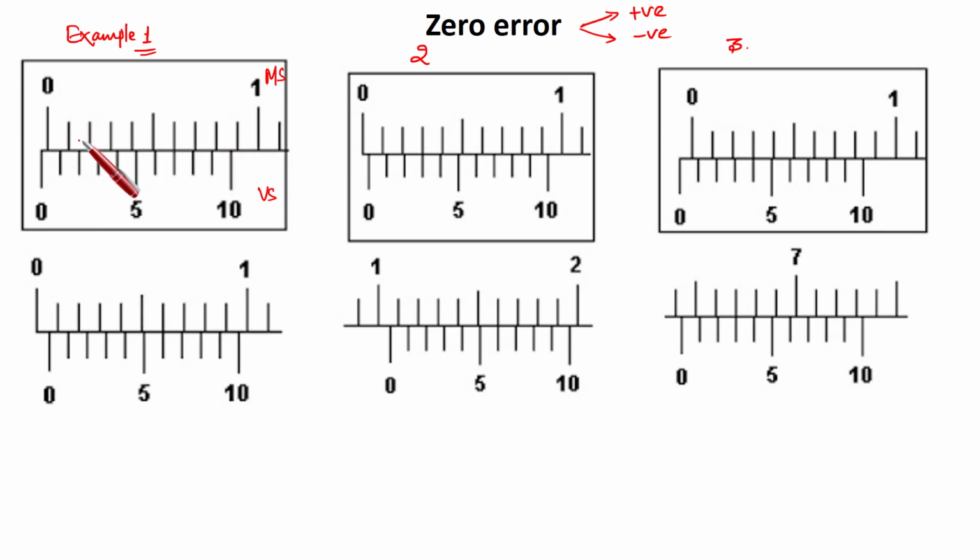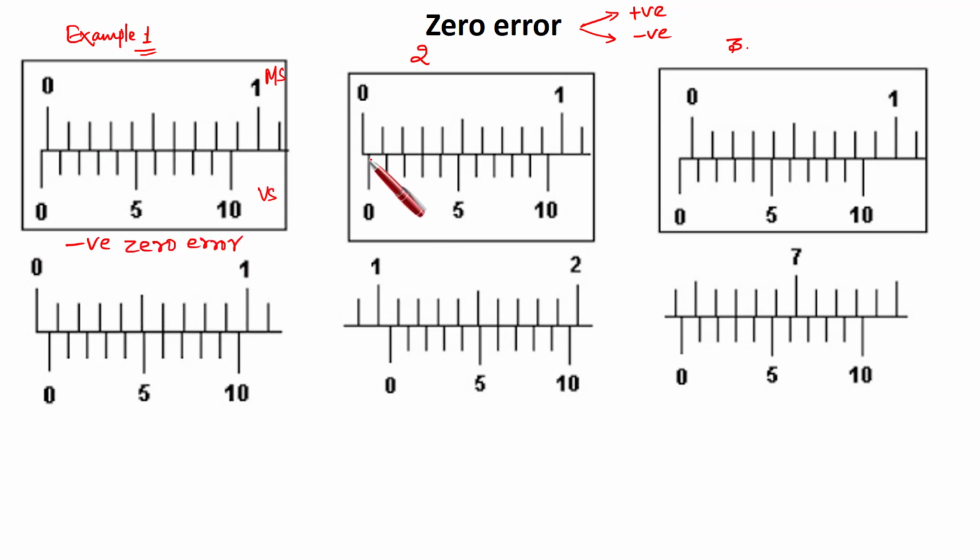If it is coming here, we say this is 1 mm. If it is coming at this point, then we consider it as 1, and 2 is 2 mm, like that. But look here, the 0 is left of the main scale, so it is a negative error, negative 0 error.